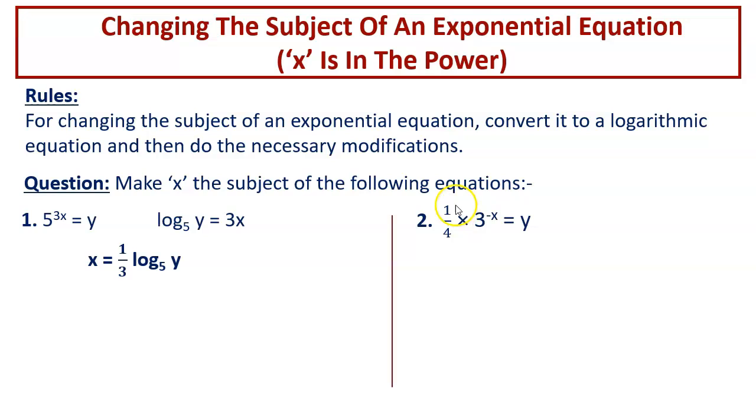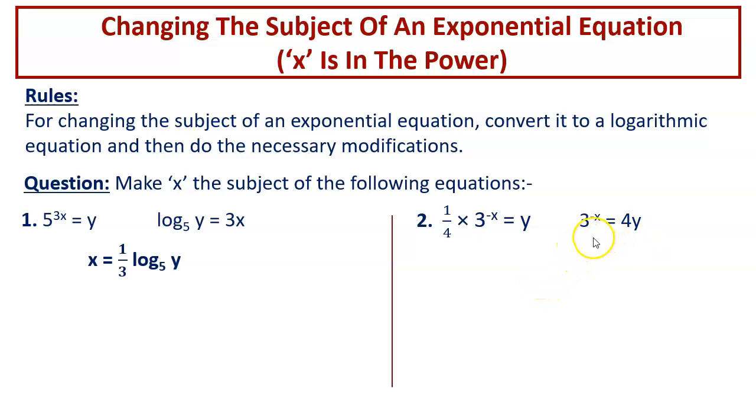In this case, the coefficient is 1 over 4. So we will be dividing the entire equation, both sides of the equal to sign, by 1 over 4. So the right hand side becomes y divided by 1 over 4, which is 4y. So this equation becomes 3 raised to the power of negative x equal to 4y.